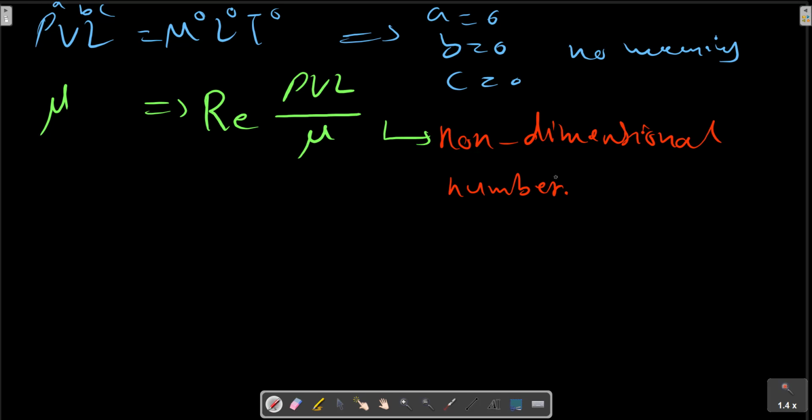The second guideline: do not select output variables for your scaling parameters.